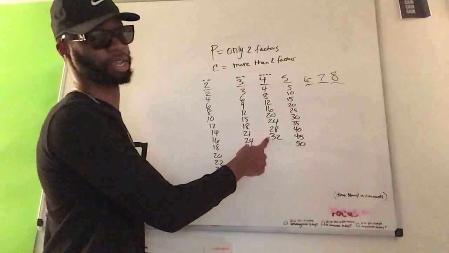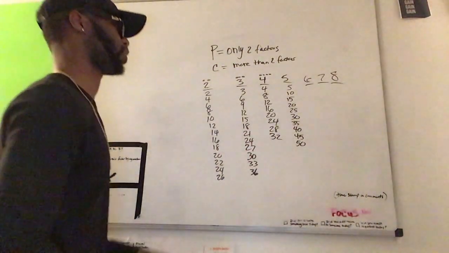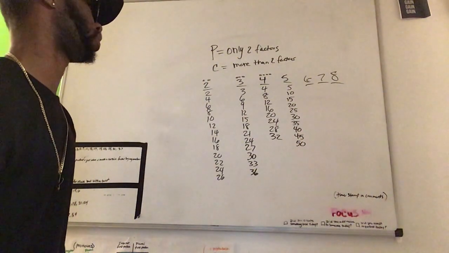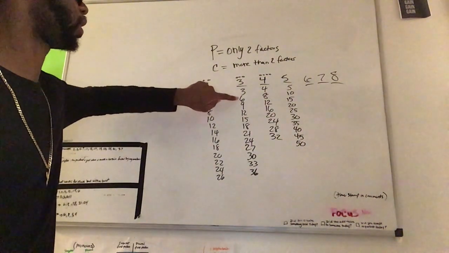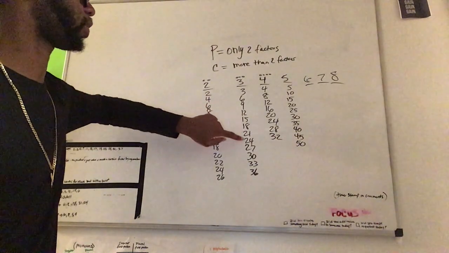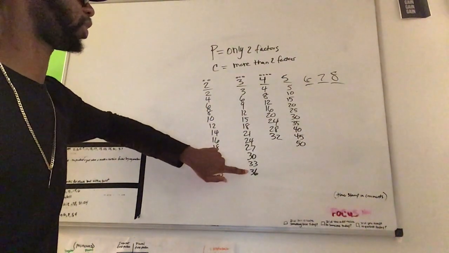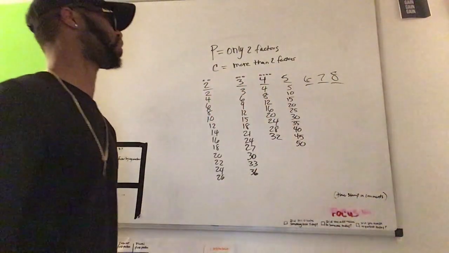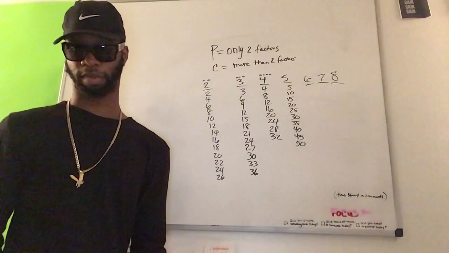So you know 4 times 8 is 32. Same thing with 3. It's 3 times 12. You count down 1, 2, 3, 4, 5, 6, 7, 8, 9, 10, 11, 12. So I know 3 times 12 is 36, and so forth. So that's what this multiples chart could be good for.